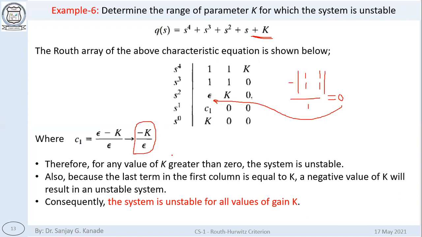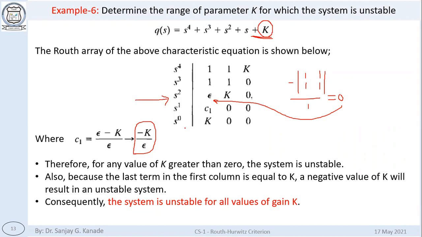Now, though we can say that there is a negative sign, it doesn't really mean directly that it is unstable. Why? Because this k is a number.